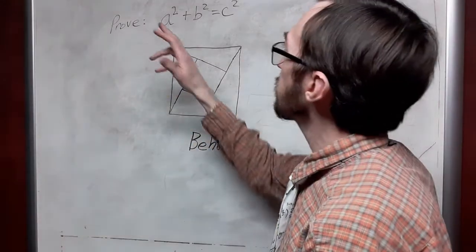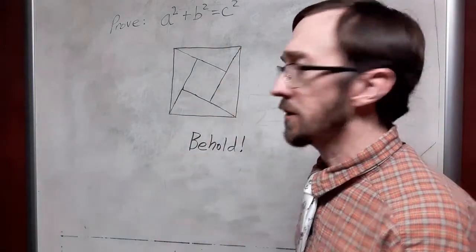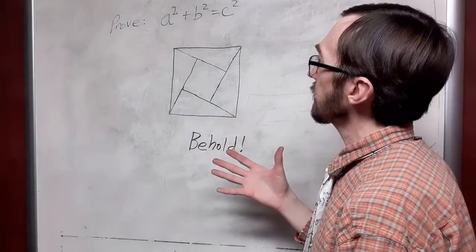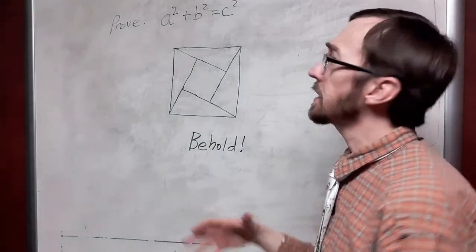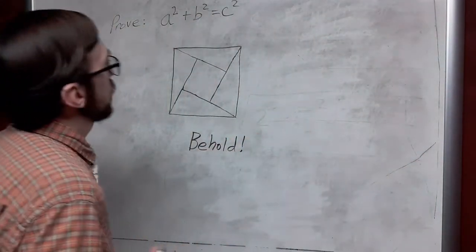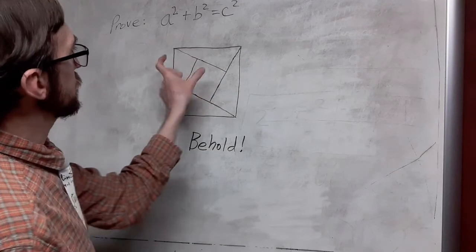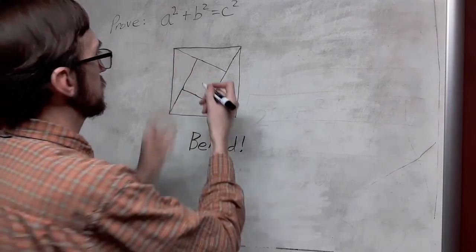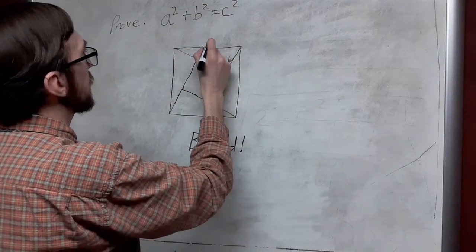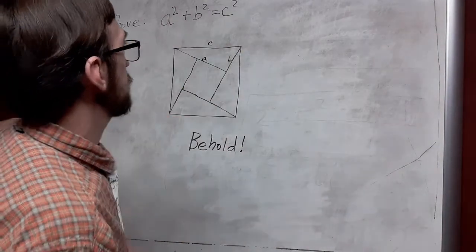We want to prove that a squared plus b squared equals c squared using this diagram. We're going to add some measurements of a, b, and c to the diagram and then show how we can get to this statement from the diagram. For the individual triangle that we see here at the top, we're going to label the altitude here as A, the base here as B, and then the hypotenuse as C. And then we will continue that pattern all the way around.